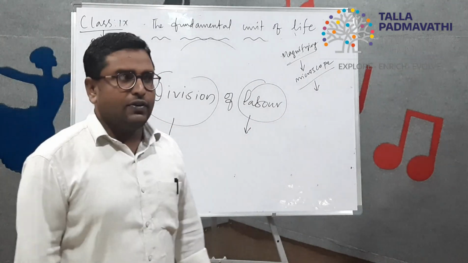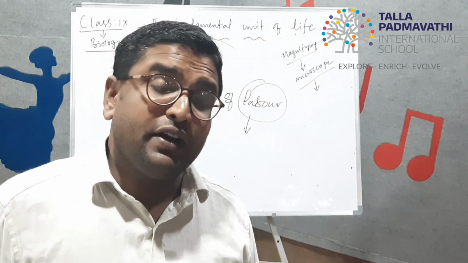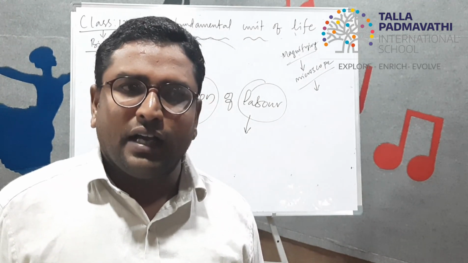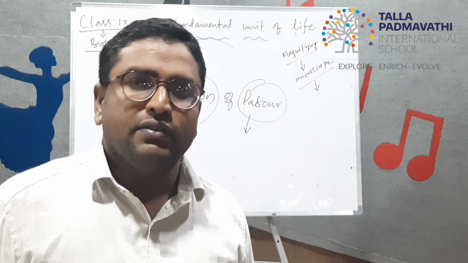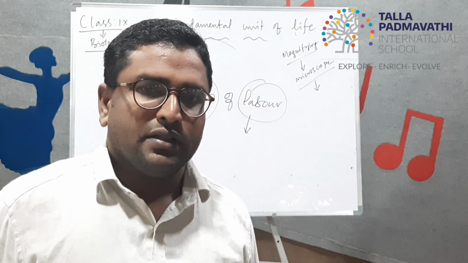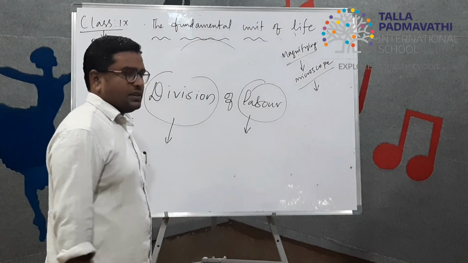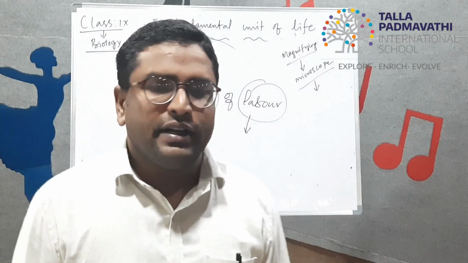All the work of our body is not done by only one type of cell. Different types of cells are there, right? The different types of cells perform different functions. Different shapes and different sizes of cells perform different functions.